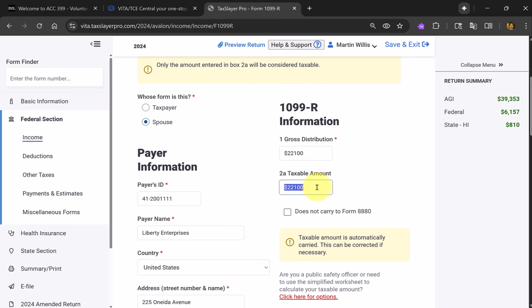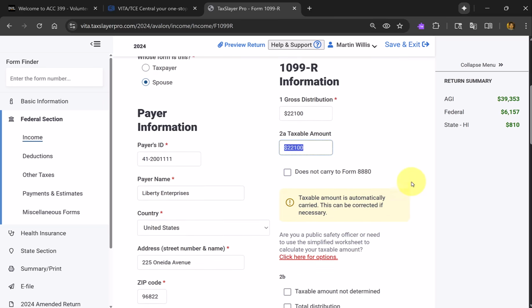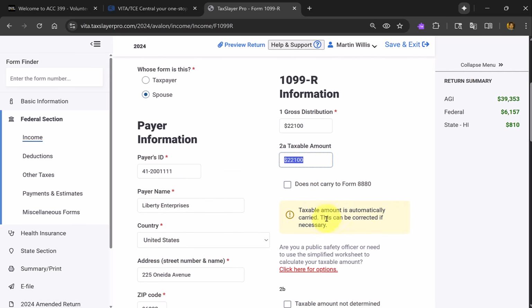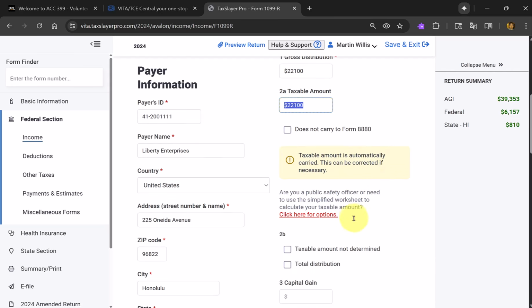But on our form, it's empty. Remember, we're told to use the simplified method worksheet. So let's see if it's here. Taxable amount is automatically carried. This can be corrected if necessary. Are you a public safety officer?